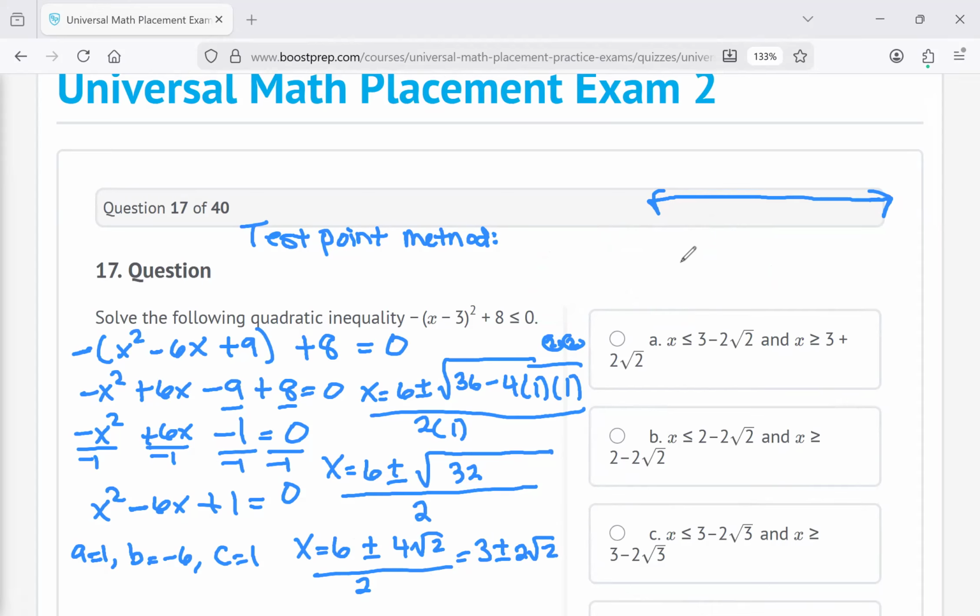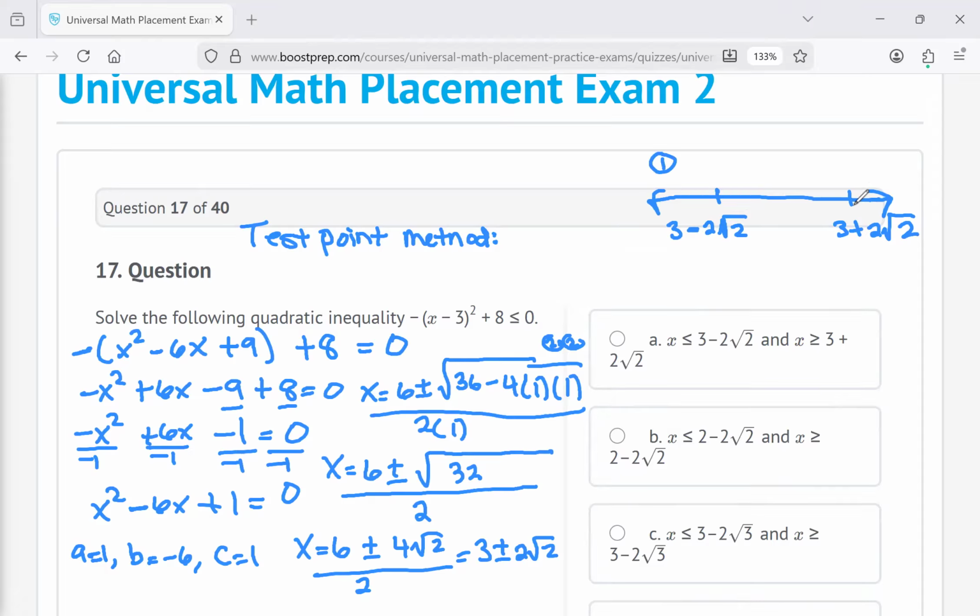So the smaller number to the left and the larger number to the right. So my smaller number is 3 minus 2 radical 2, and then my larger number is 3 plus 2 radical 2.